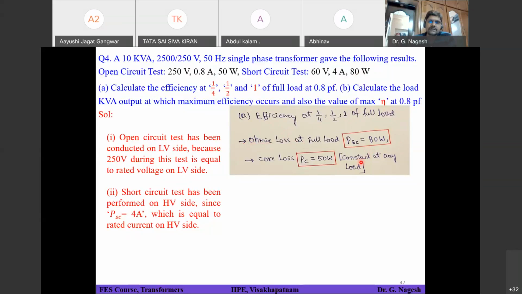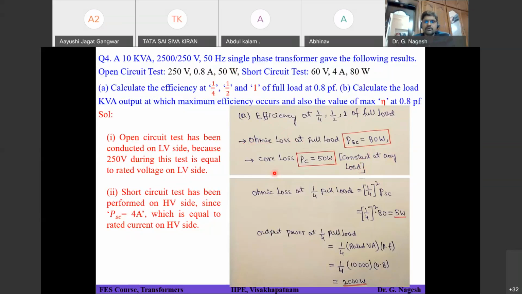Core losses, which are constant at any load, are 50 watts, coming from open circuit test data. Copper loss at 1/4 full load is 1/4 whole square into PSC. PSC is 80 watts, so it will be 80 divided by 16, which equals 5 watts.